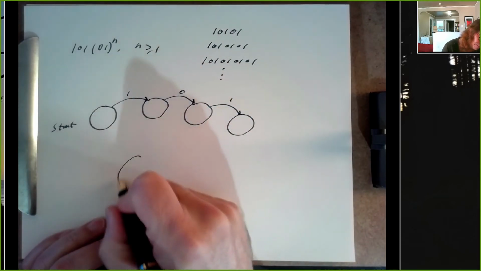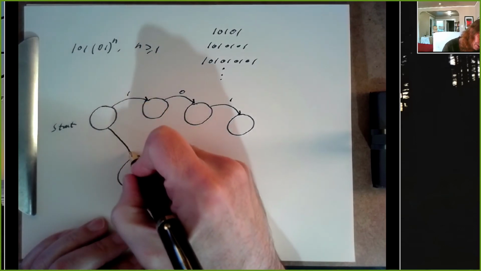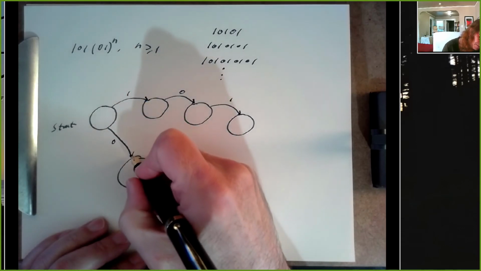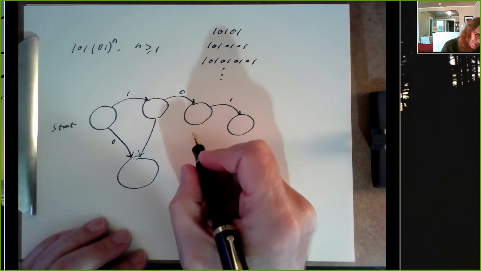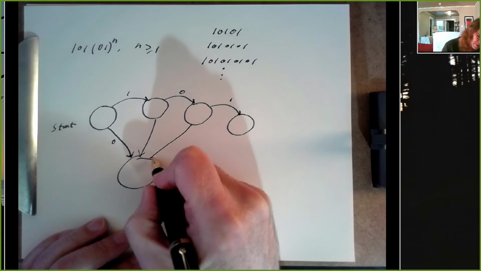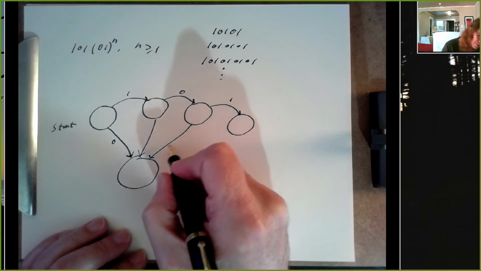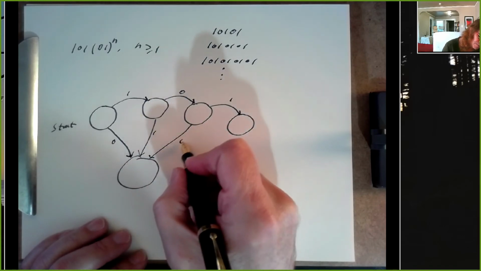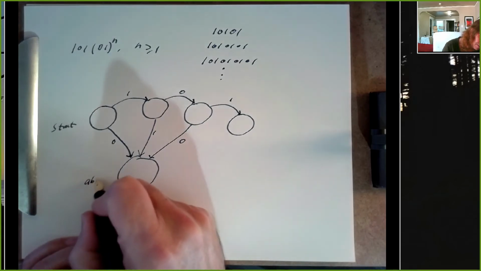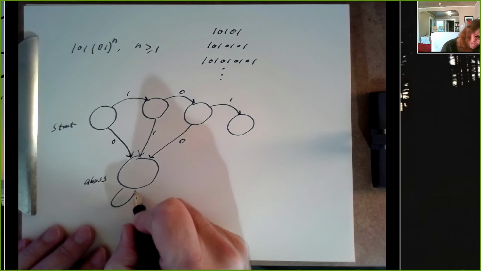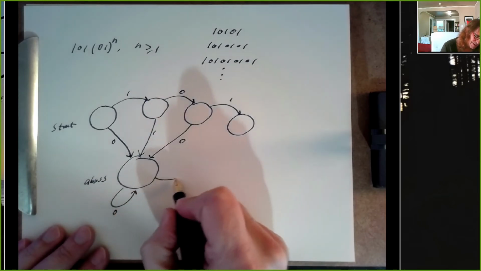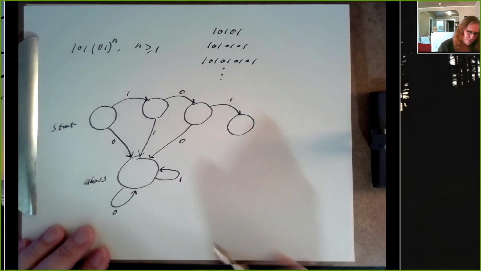But if we were looking for a 1 and we got a 0, or we got a 1 and we were looking for a 0 but we got a 1, or we got a 1 0 and we wanted a 1 but we got a 0, we'll go to the abyss. And once we're here, if we have a 0, we'll stay in this state. If we have a 1, we'll stay in this state.